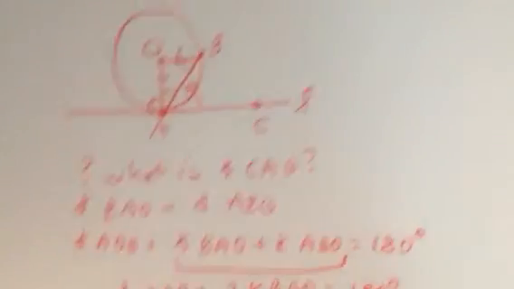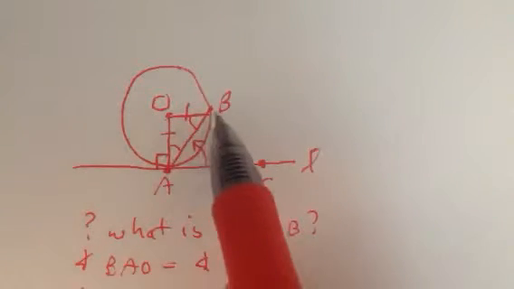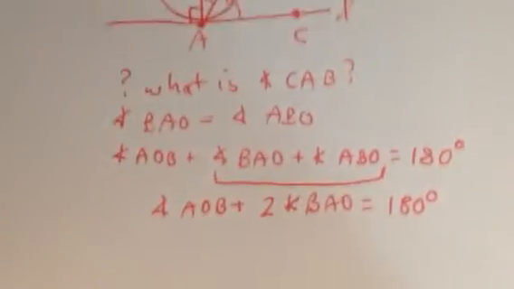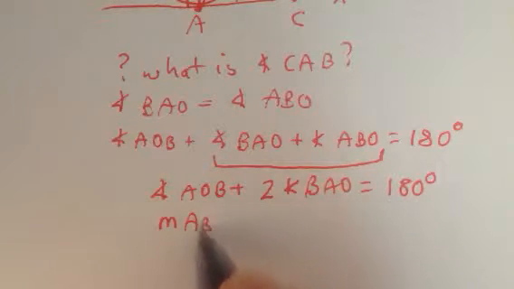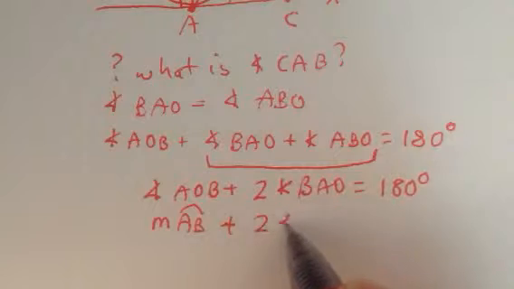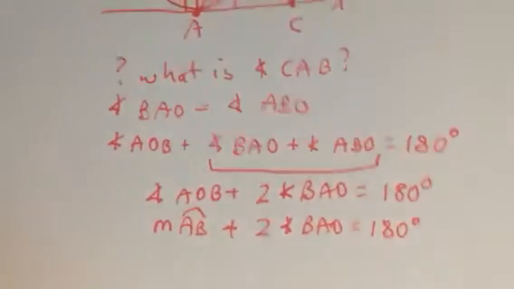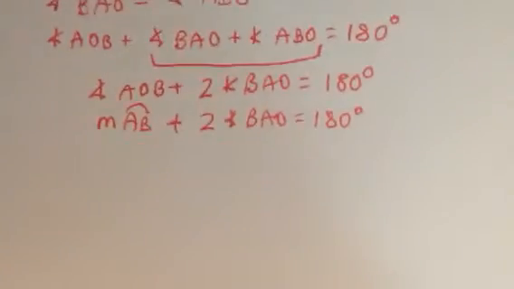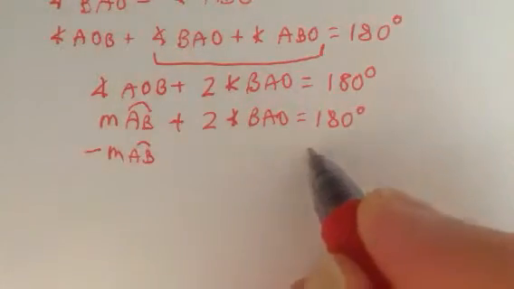And we know also that angle AOB, the central angle, has the same measure as arc AB. So for angle AOB, we can put in the measure of arc AB. So we have measure of arc AB plus 2 times the angle BAO equals 180 degrees. Now we can solve this for BAO. We subtract measure of AB from both sides.